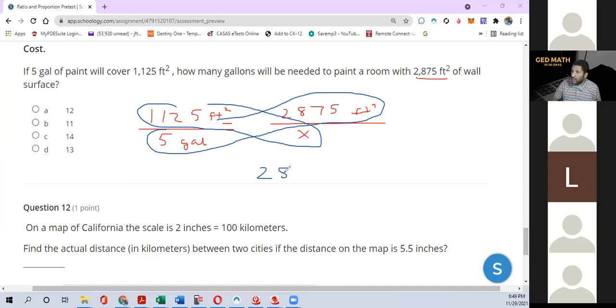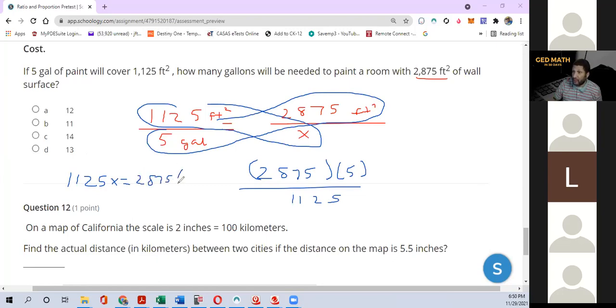So that's 2,875 times 5 divided by 1125. Or 1125x is equal to, now I'm just going to write this out because I have no idea what it is, I mean, I could figure it out, but times 5.